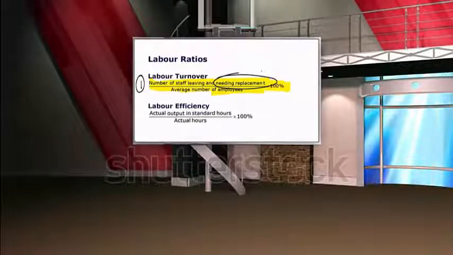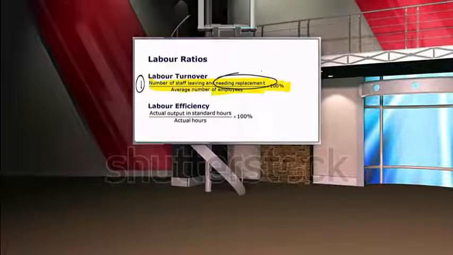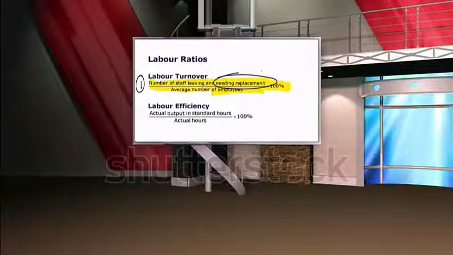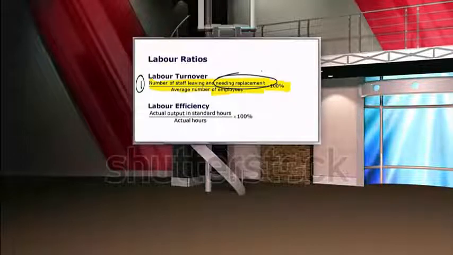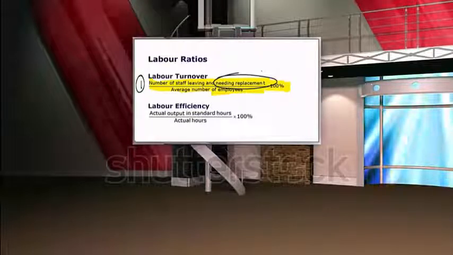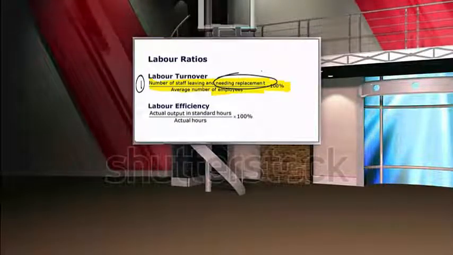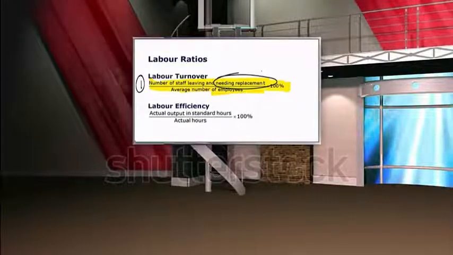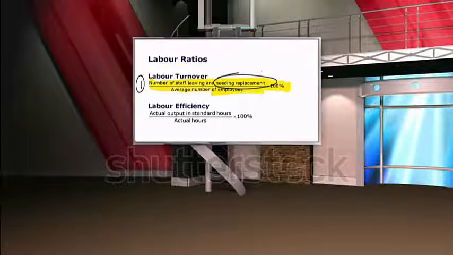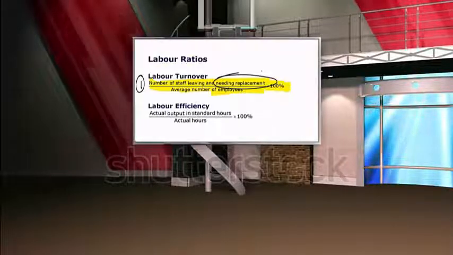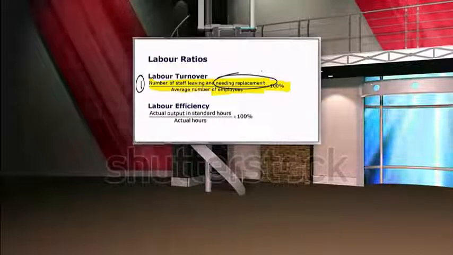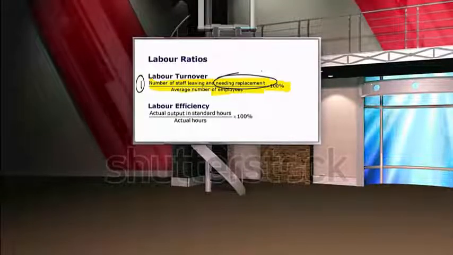Likewise, we don't want to include the effects of any expansion of our company. So if our company expands, we may decide to bring in more people to cover the workload. Again, we don't want to include this in our labour ratio. So the only people we are considering are the people who handed in their notice and left the company, and we had to spend time and money replacing those people.